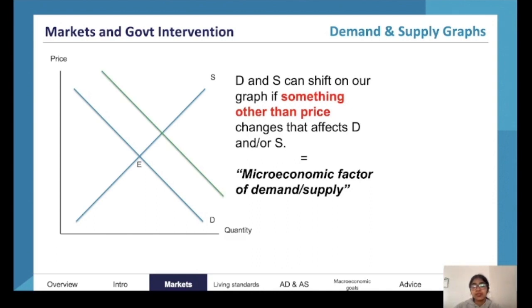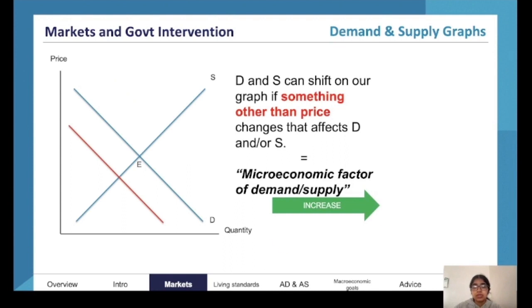It's just a fancy way of saying it. For example here, the demand curve has shifted right, which means that at any given price, there is more demand. We can say it's increased or decreased. Here it's decreased. Demand has shifted left, meaning that there is less demand at any given price.